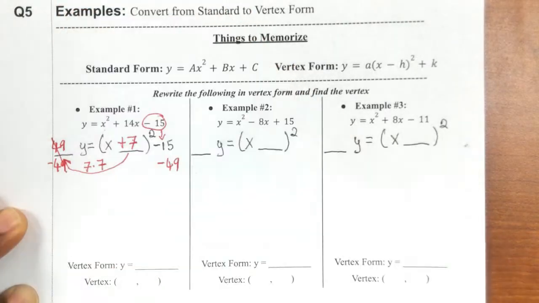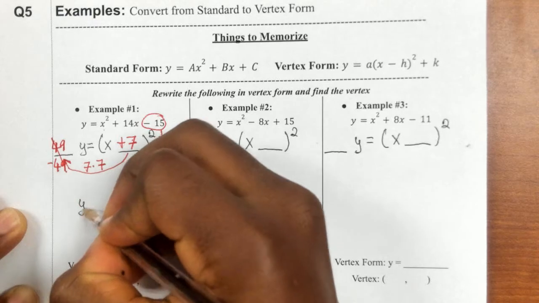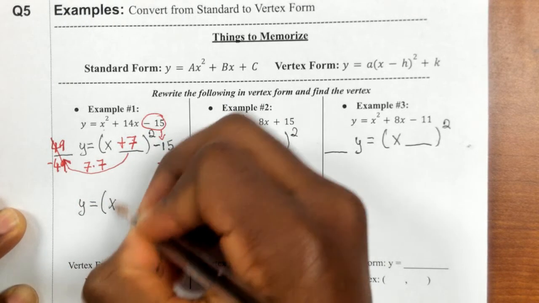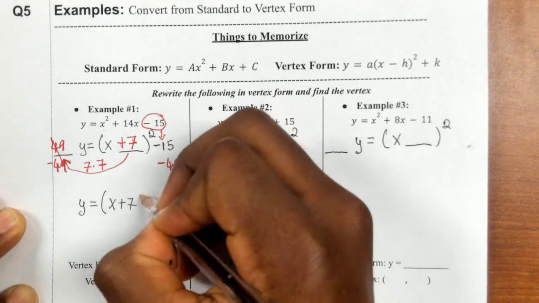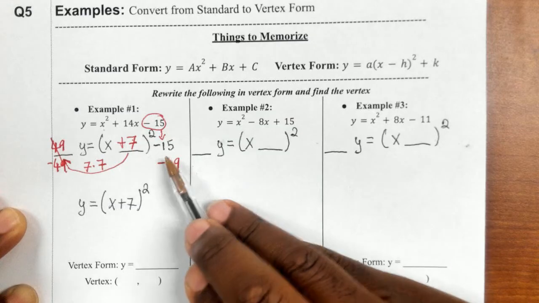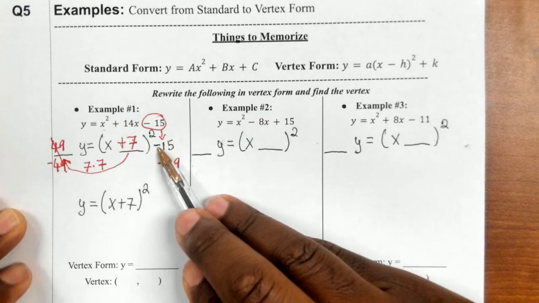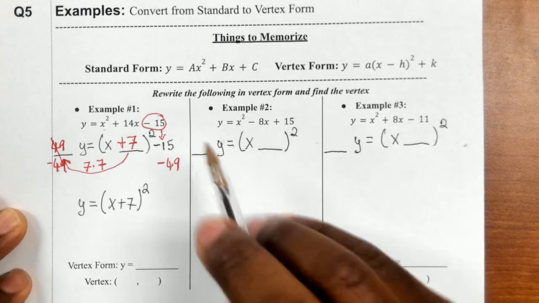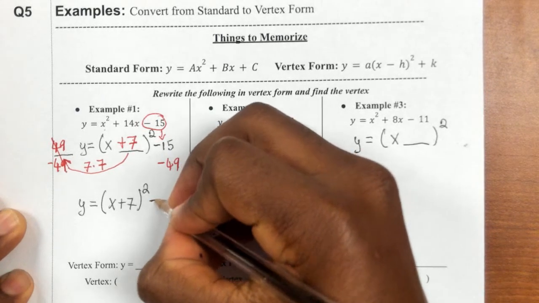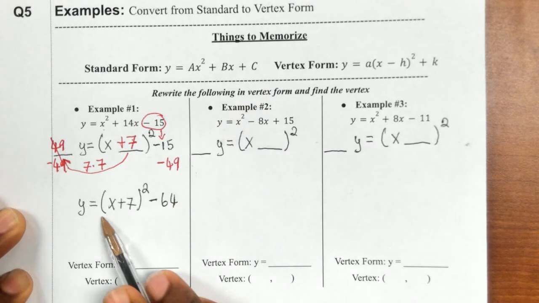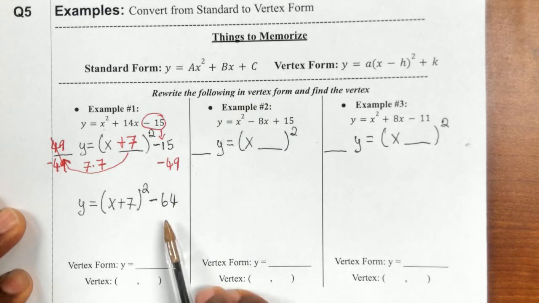So this 49 cancels itself out, and we're left with y equals parentheses x plus 7 parentheses squared, don't forget the squared. Now we calculate negative 15 minus 49, which is negative 64. And we have now brought it to vertex form.